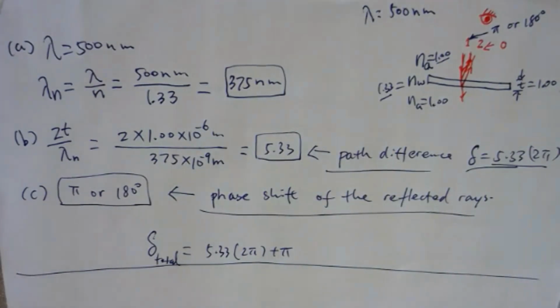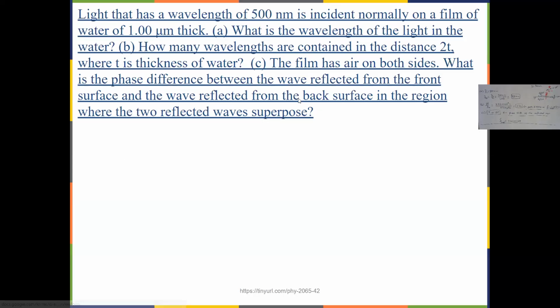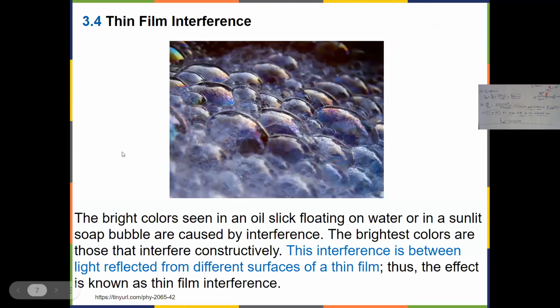Let's go to the PowerPoint slide. Thin film interference.